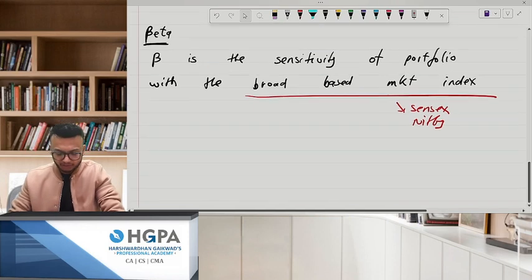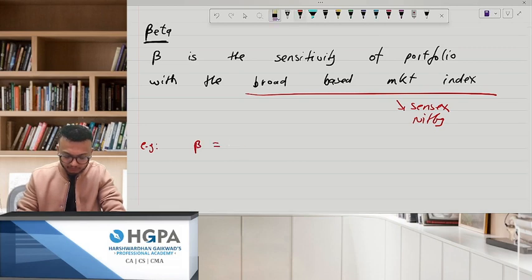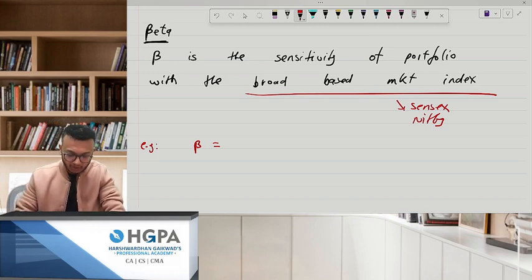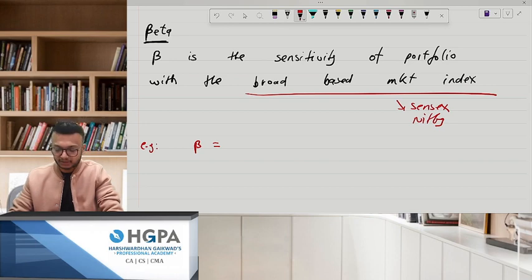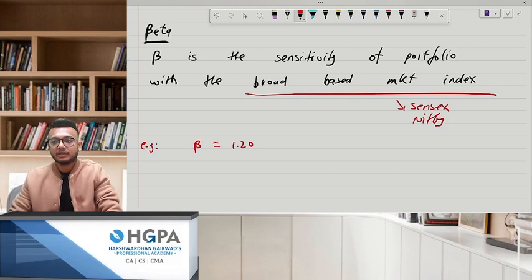If beta is 1.20, this means that if the market moves up or down by 1%, your portfolio will move up or down by 1.2 times. And please write down 0.90 also.